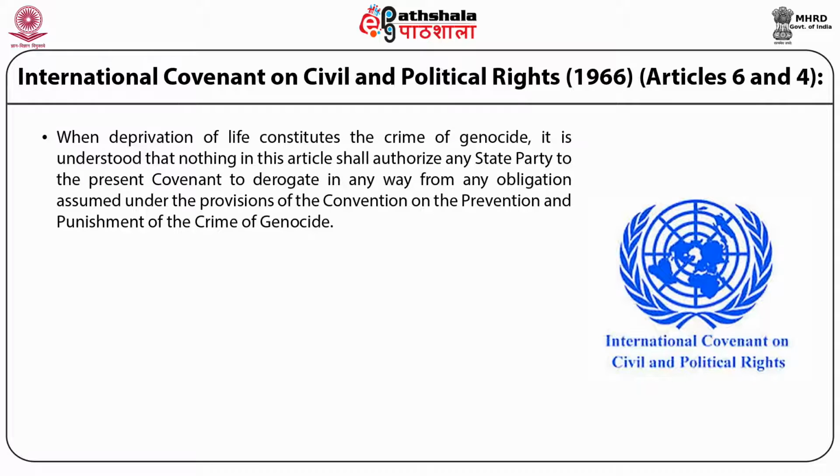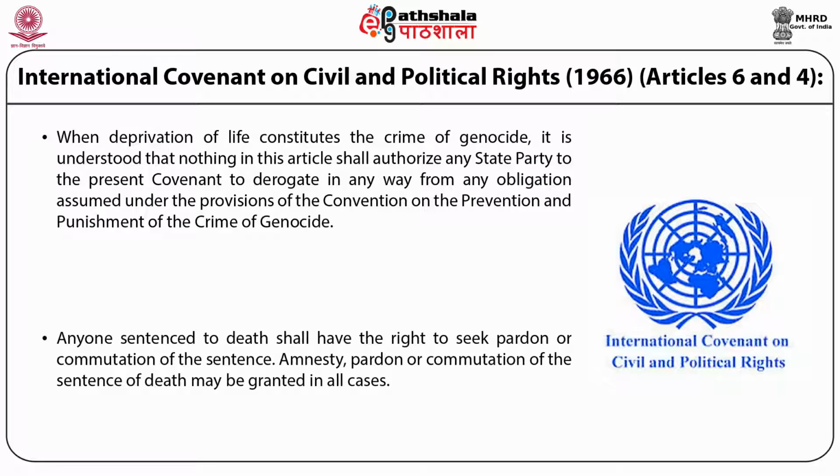ICCPR also states that anyone sentenced to death shall have the right to seek pardon or commutation of the sentence. In India, a person who has been sentenced to death can seek pardon from the president. Amnesty, pardon or commutation of the sentence of death may be granted in all cases.